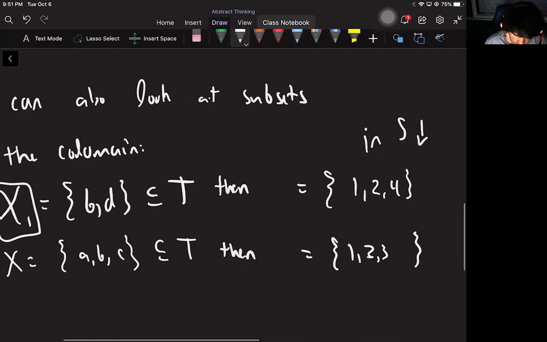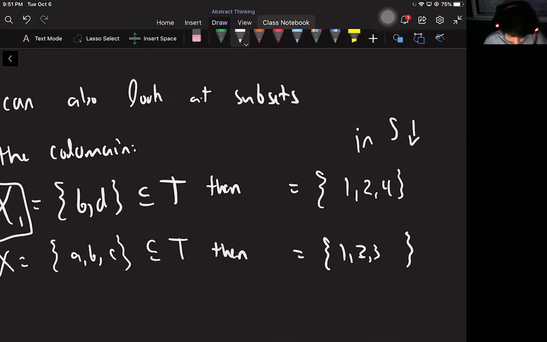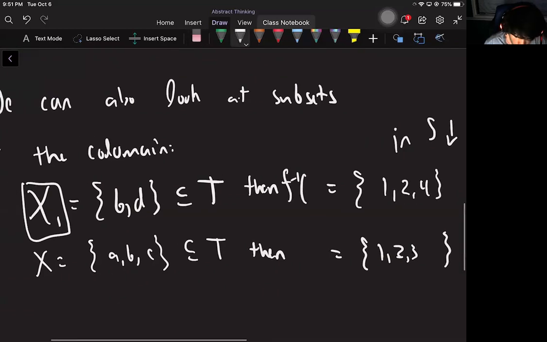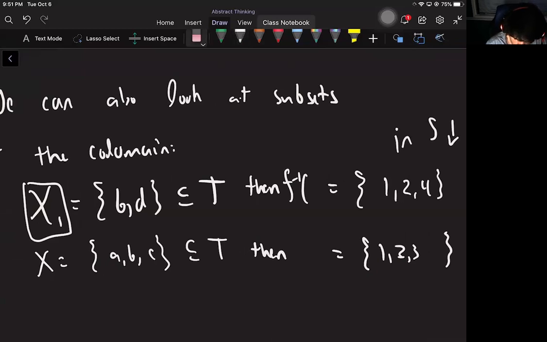Now the name of this set that you get is a bit confusing, but because it's sort of a backwards process, we use this notation. Oops, I didn't leave myself any room. So we use this F inverse notation, even though the function might not even be invertible and the inverse of the function doesn't actually exist.